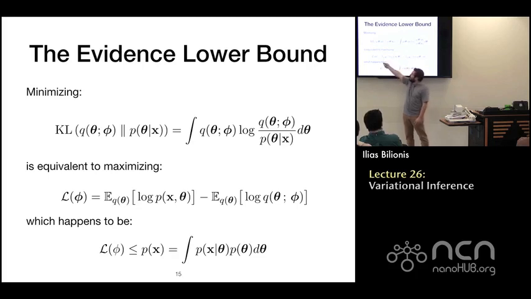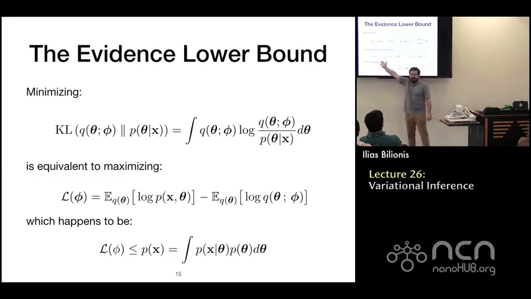Okay? Why would you want to maximize this instead of minimizing that? You see, this is a minimization problem with a lower bound, 0. This is a maximization problem with an upper bound, the evidence. If you minimize that and get a minimum Kullback-Leibler divergence of 0.2, it doesn't really mean anything, right? How much is 0.2 of Kullback-Leibler divergence?